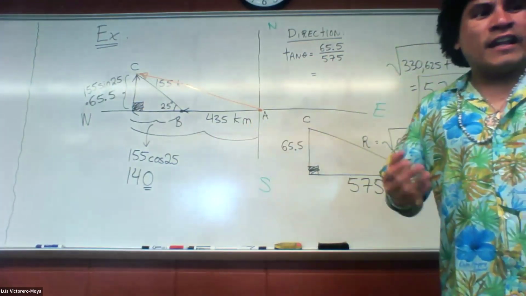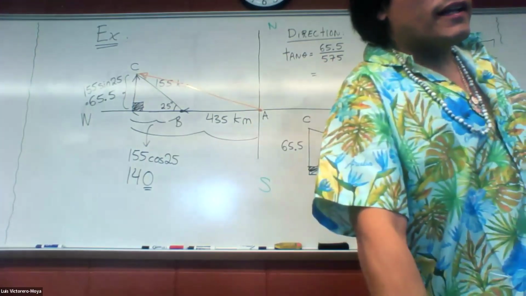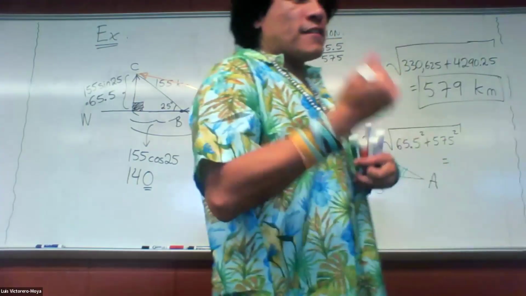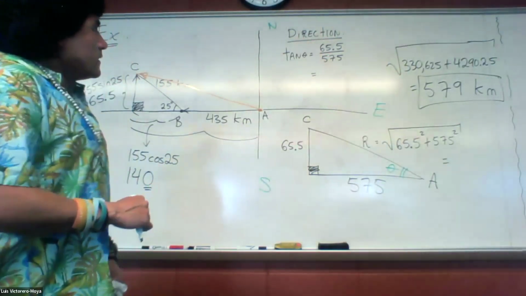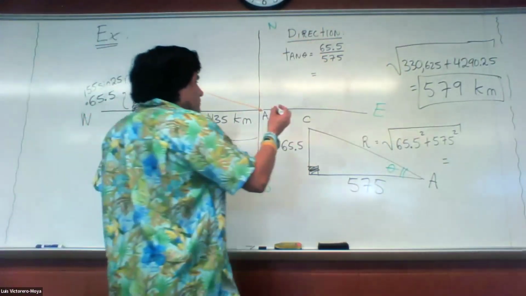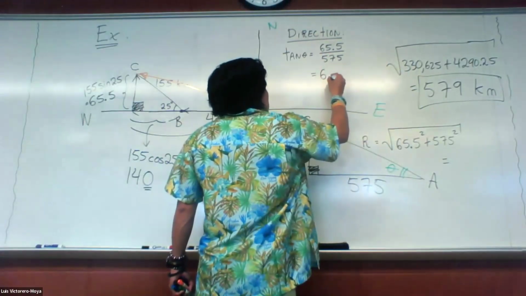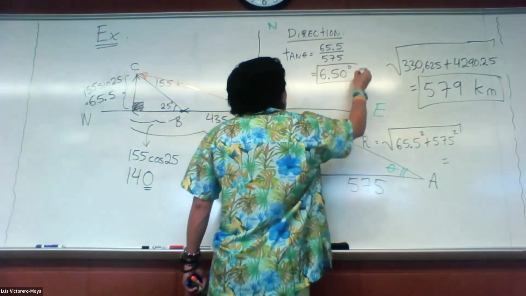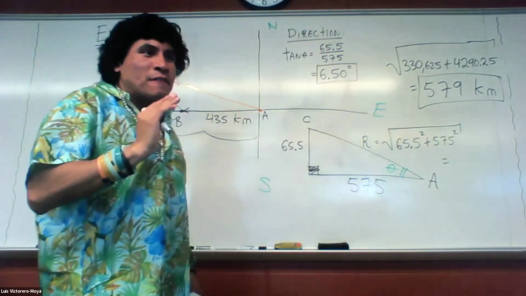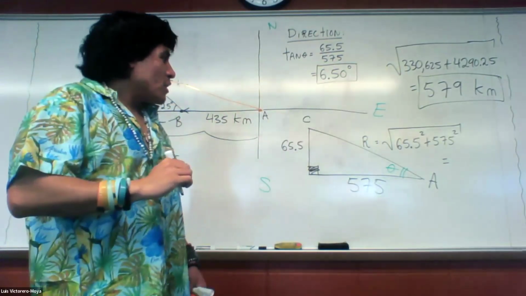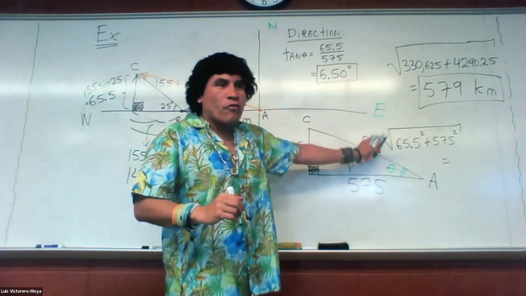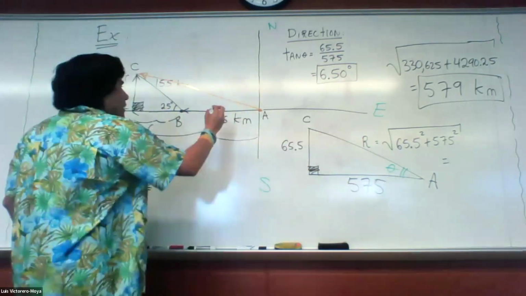That gives me 0.11391. If I do the tangent inverse of that, I get 6.50 degrees. But for direction, we have to specify what's the direction. So that's 6.50 north of west, because it's the angle here.